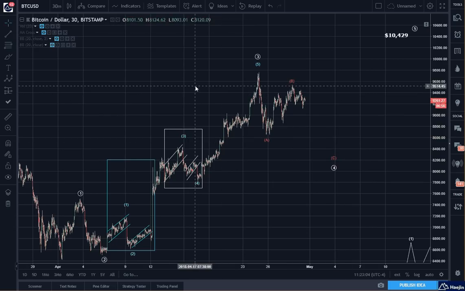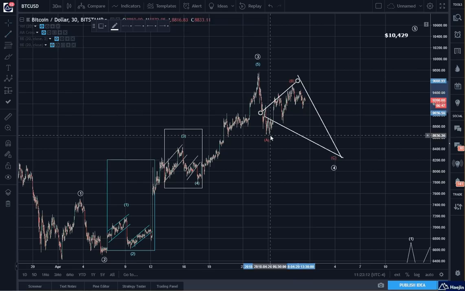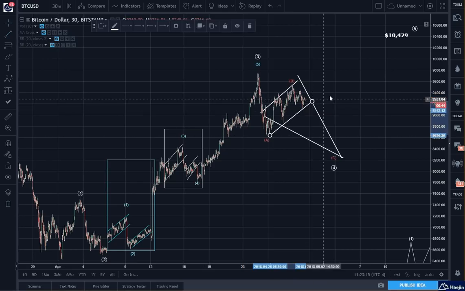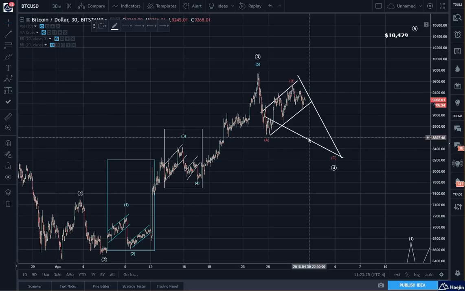Actually, no, let's keep those symmetricals. So we have here a bear flag. And because this can be labeled as a flag, it's pretty exciting. That means that there is a good likelihood for another flag to be formed somewhere around here, let's say.